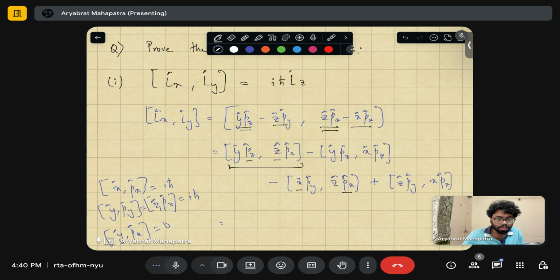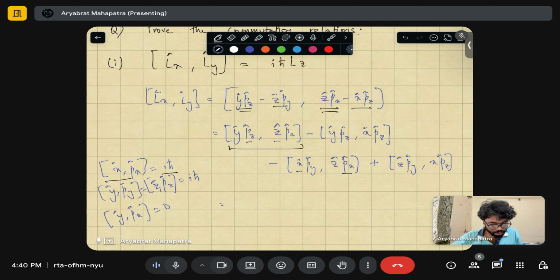Now using these properties, I can write the first term as something y pz z px, and you can check this out.